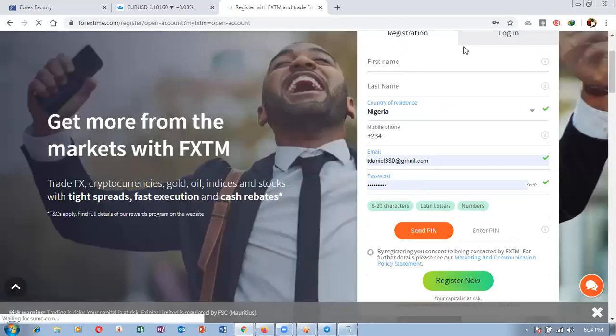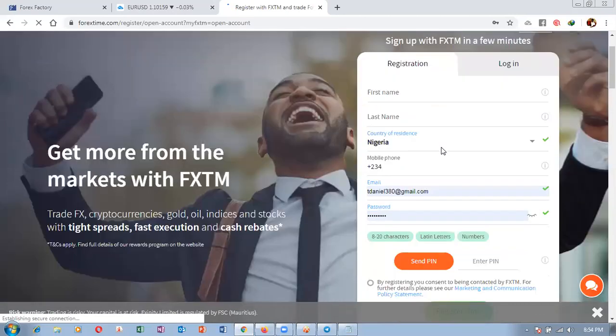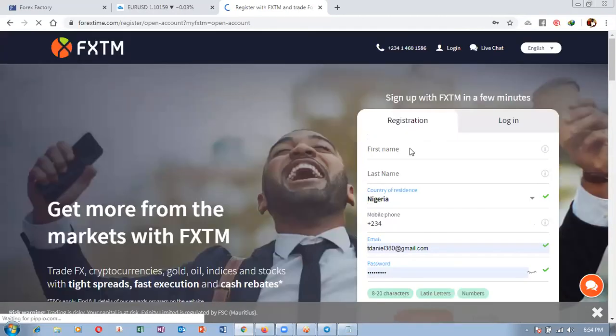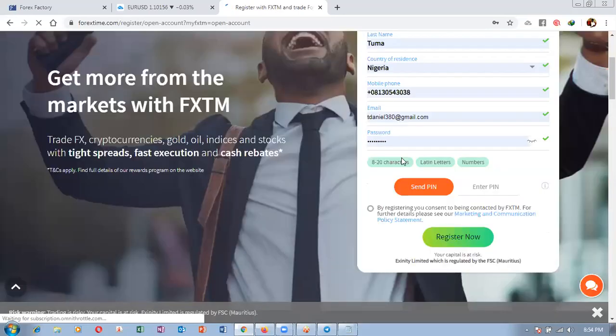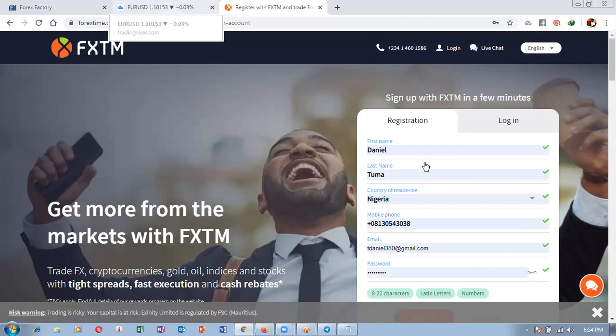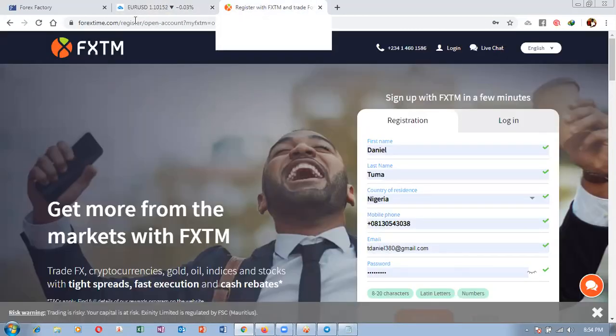Put in your name, your phone number, everything. Then put a valid email address. Then click send pin. They are going to send you a pin. That pin is what you put there.